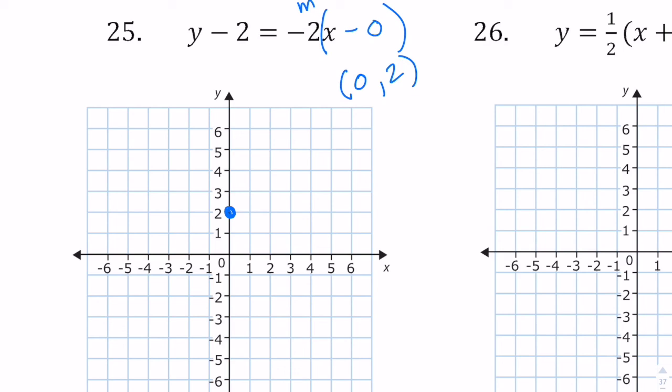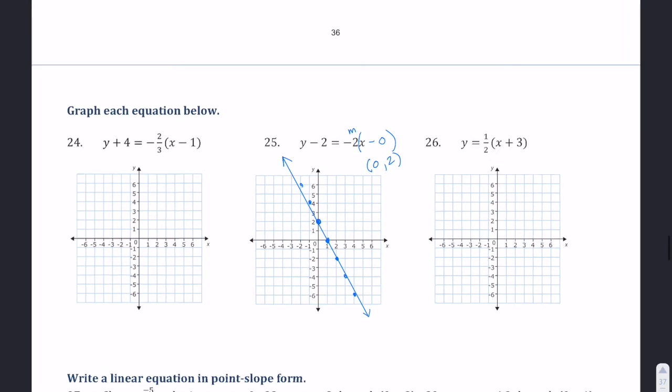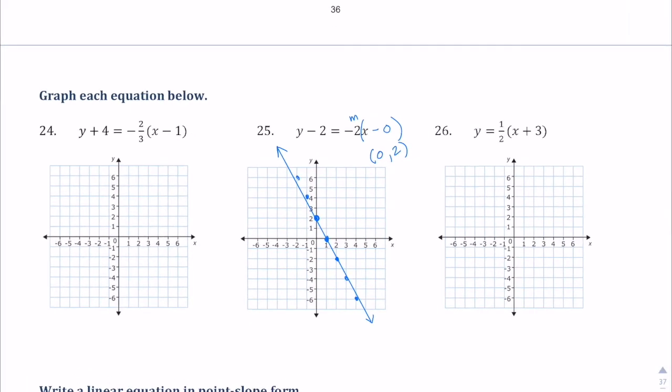M is here as negative 2, so we go down 2 and to the right 1, down 2 and to the right 1, and we continue, and if we want, we can even go backwards and make some points all the way up here, and then connect that with a straight line. Sorry, I missed a couple points there, but that is the line for that equation.